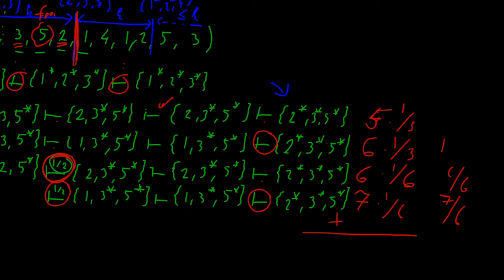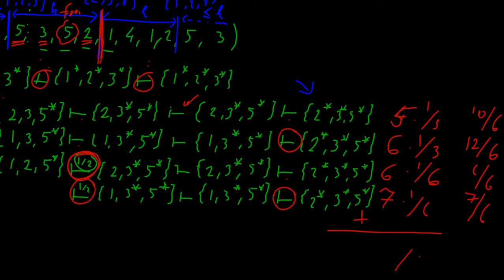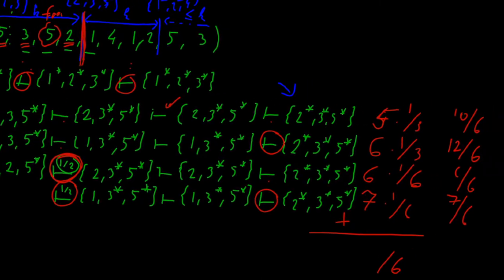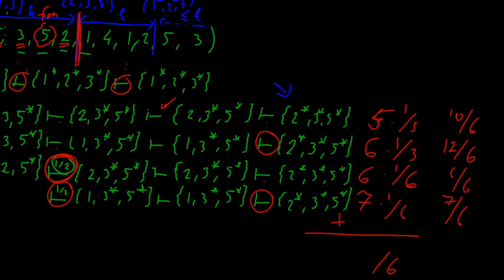which is 12 over 6, and this is just 10 over 6. So if it's something over 6, then it's 12, okay, 22, so it's 37 over 6.